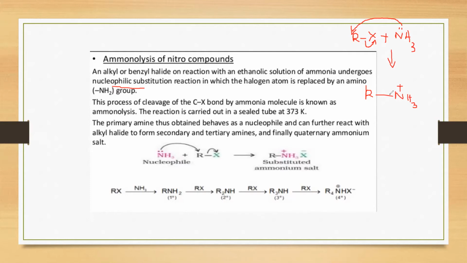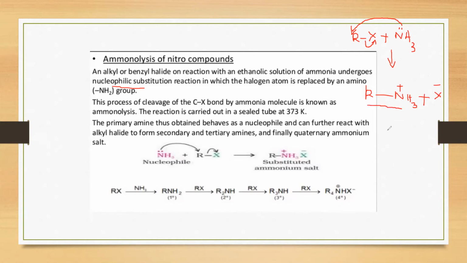So only one of the partners is contributing both electrons. Such a covalent bond is called a coordinate covalent bond. So in RNH3 plus, who is the leaving group? X minus. Who left the molecule? X minus. So one nucleophile entered, another nucleophile left the molecule. So this is a nucleophilic substitution reaction.